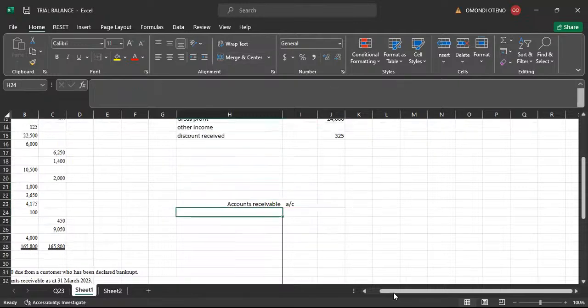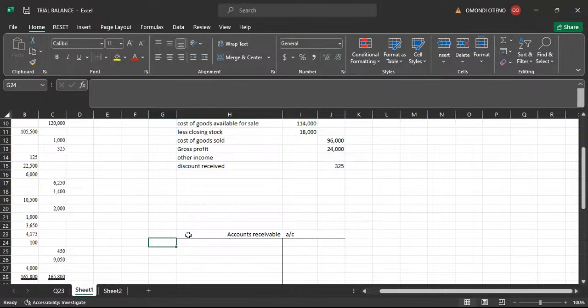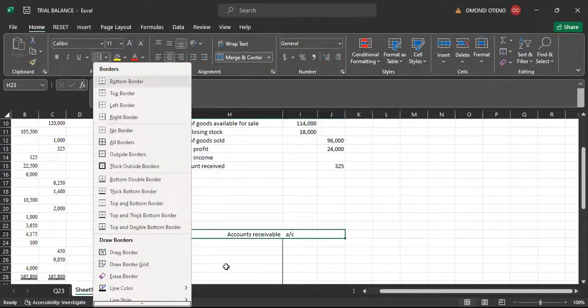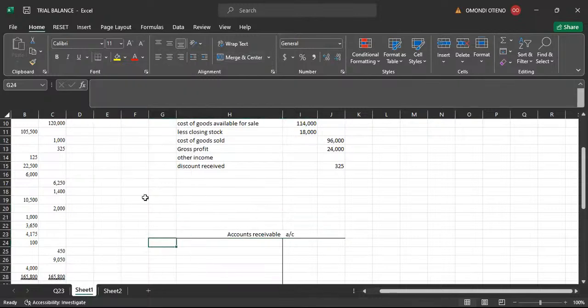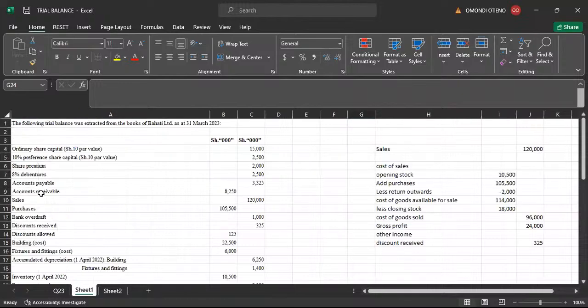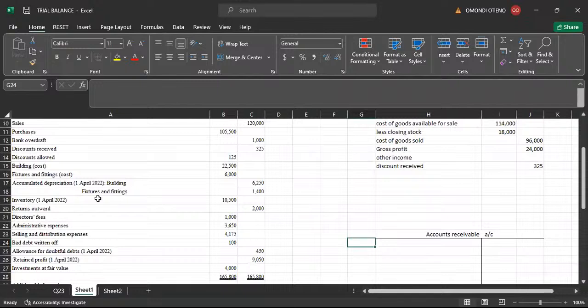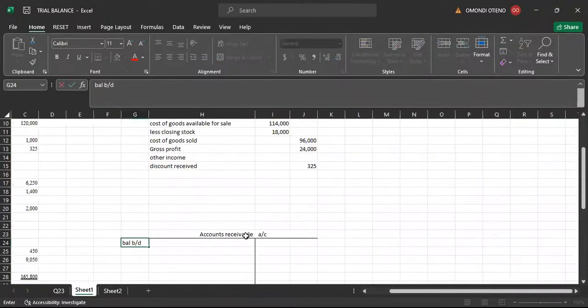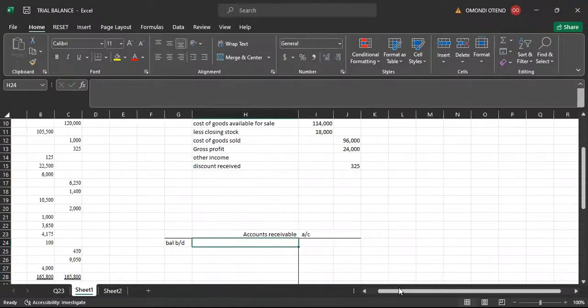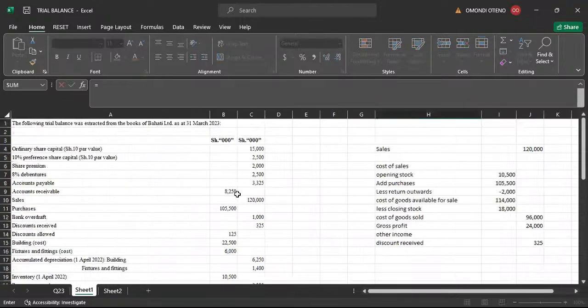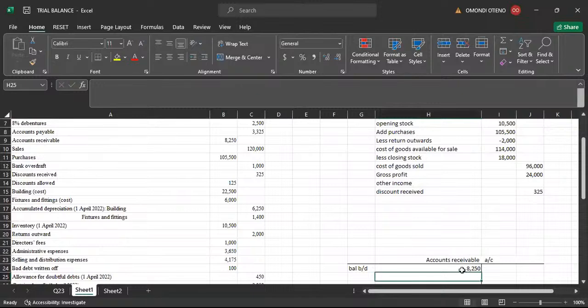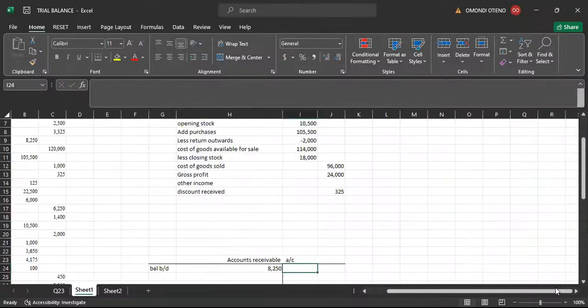So these accounts receivable, that is an asset account. So do you have anything in the name of balance brought down? So just pick this figure that is given to us, equal to 8225.